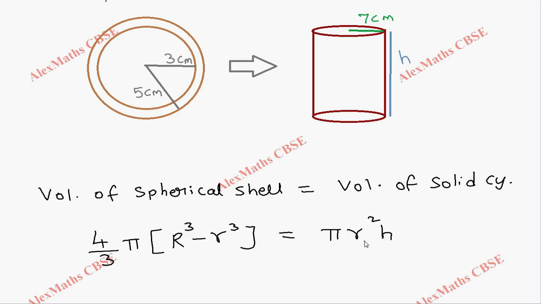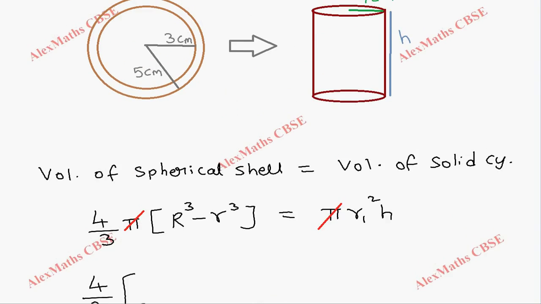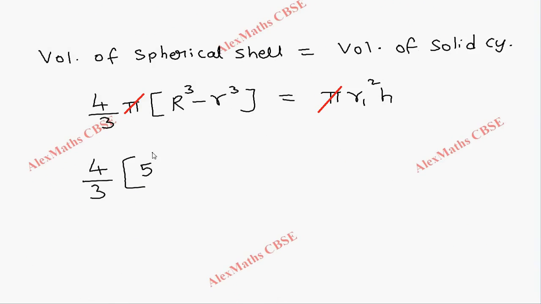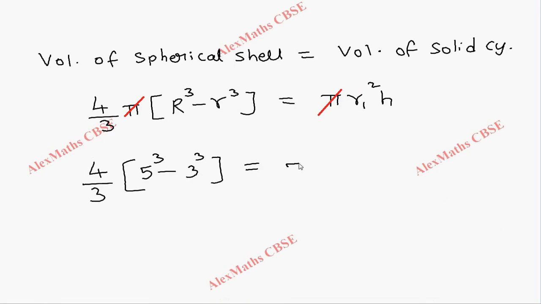Since we have a different radius here, let's name this as r1. Now we can cancel pi on both the sides. After this, there is substitution: 4 by 3 times outer radius 5 cube minus inner radius 3 cube, and here the radius is 7 centimeter, so 7 square into h. So we have to find h from this.